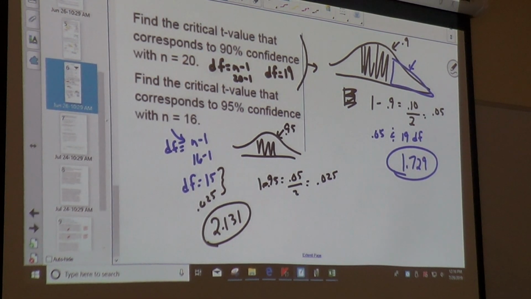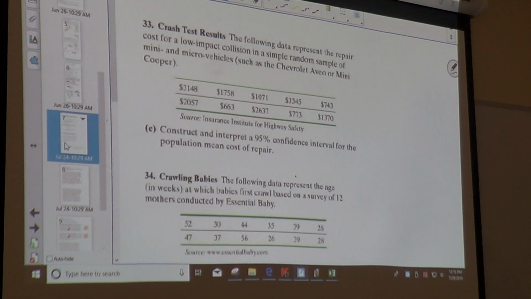All right. Let's see what we have next. This is number 28. Construct a confidence interval.